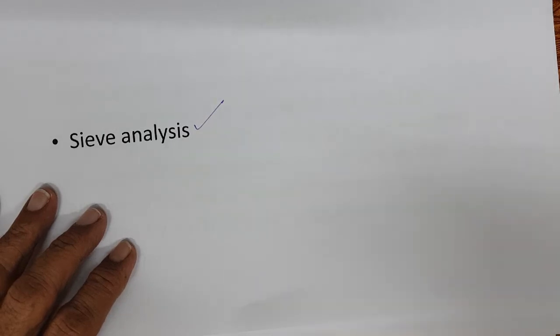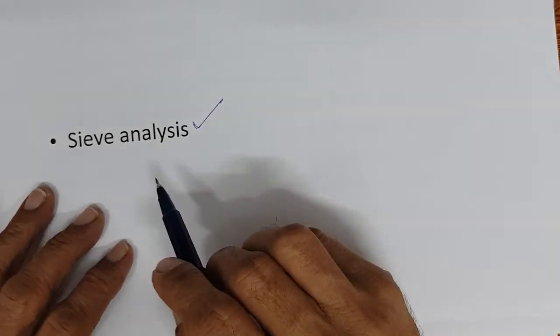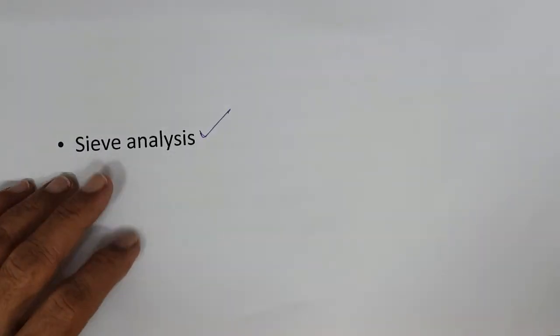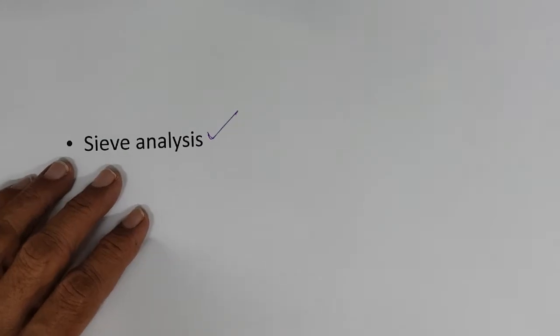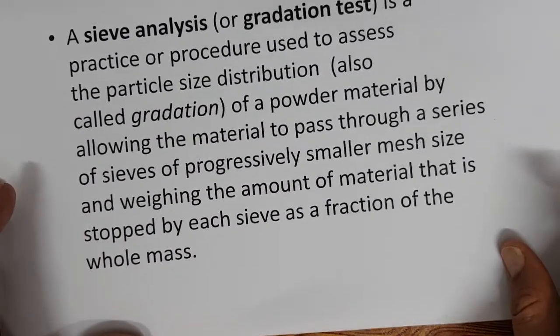For all these, particle size is very important, and sieve analysis gives a very good indication to control the particle size batch to batch, right? So what is sieve analysis?